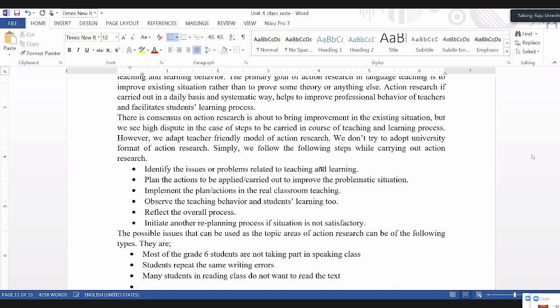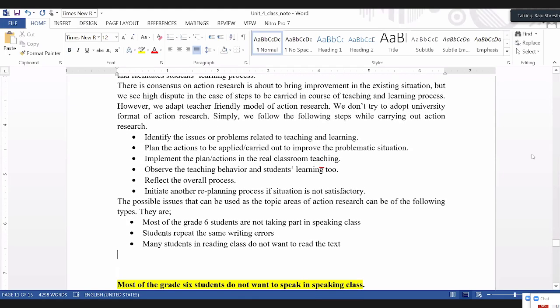Okay, and these are few to mention. Most of the grade 6 students are not taking part in speaking class. The students repeat the same writing errors. Many students in reading class do not want to read the text.